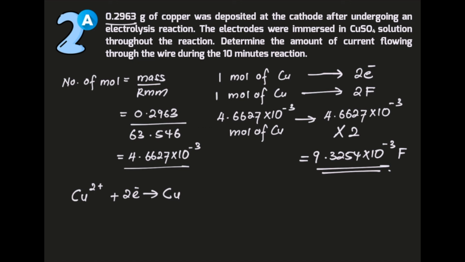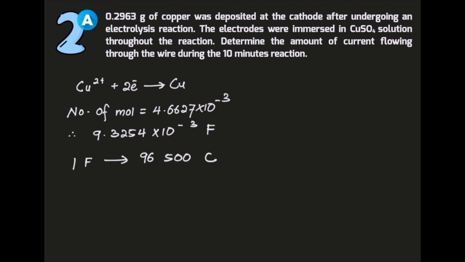So what else should we do? We need to convert this Faraday. Always remember, 1 Faraday is equivalent to 96,500 coulomb. Since we already have 9.3254 times 10 to the power of negative 3 Faraday, we need to convert this to coulomb.